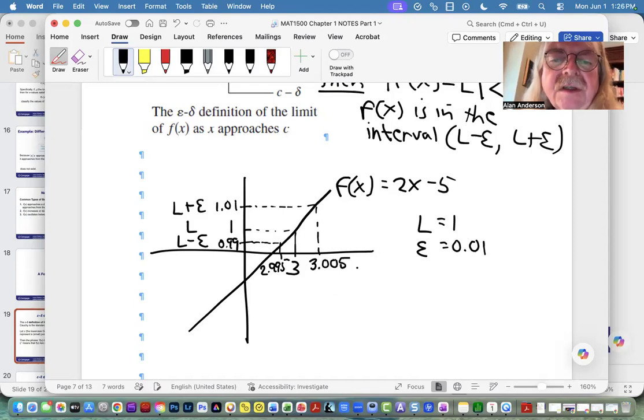Okay, so in other words, let's say you plug into your calculator f of 3.005, just as an example.